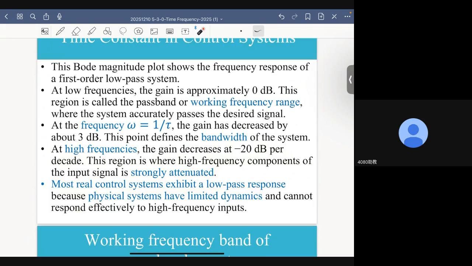When it comes to real engineering systems, such as mechanical systems, electrical systems, and things like that, these real physical systems, in the frequency domain, actually exhibit a low pass response. Most of them are what we call low pass filters, which means they cannot respond effectively to high frequency inputs, all right?